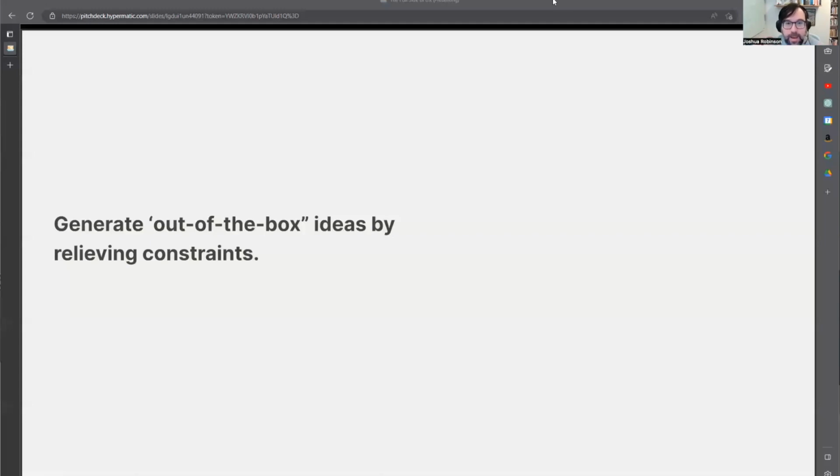Even if you're not a designer, think about the work that you do. There's constraints, right? Could be time, could be the software that your boss tells you have to use, could be how much a client is willing to pay for your services. There's all these constraints that exist.